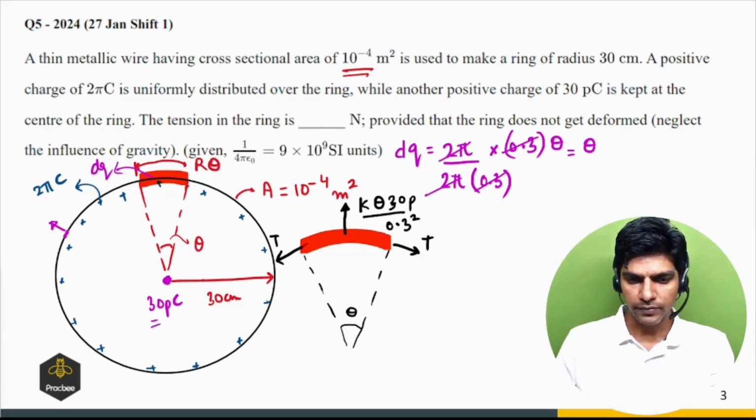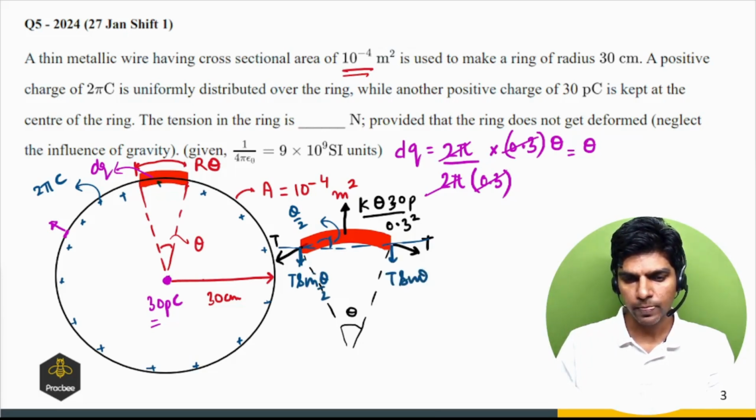Now let us resolve tension in vertical and horizontal direction. This angle will be theta by 2, so this component will be T sine theta by 2, right? Similarly, here we'll get the same component T sine theta by 2.